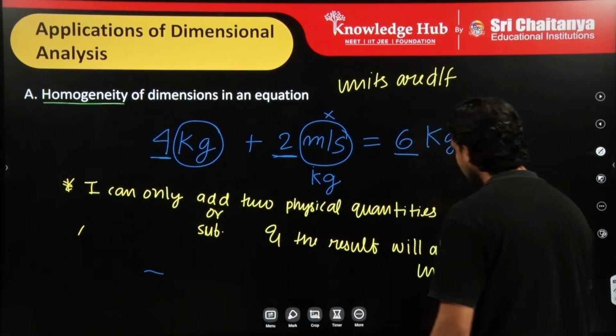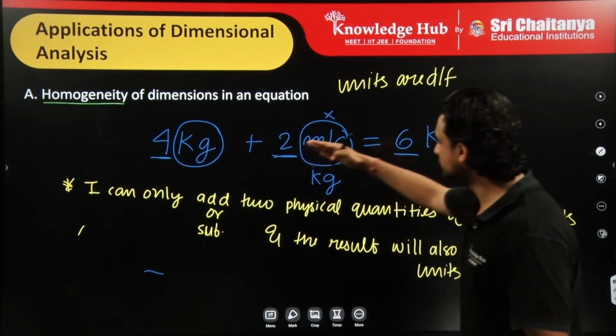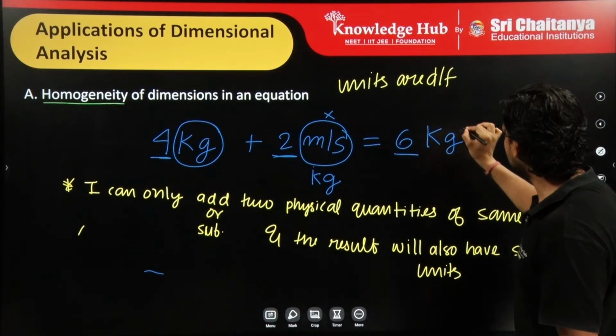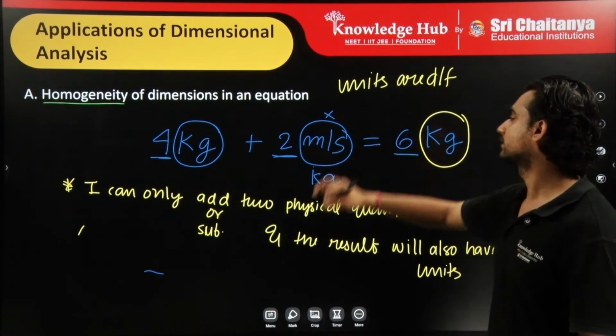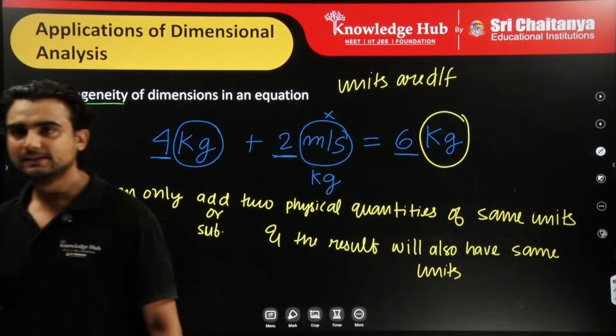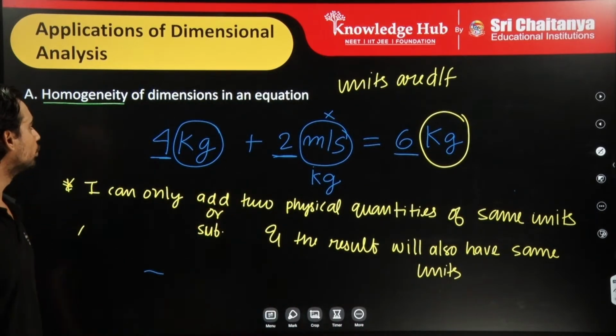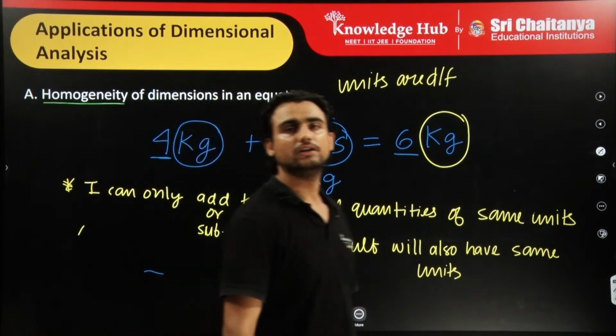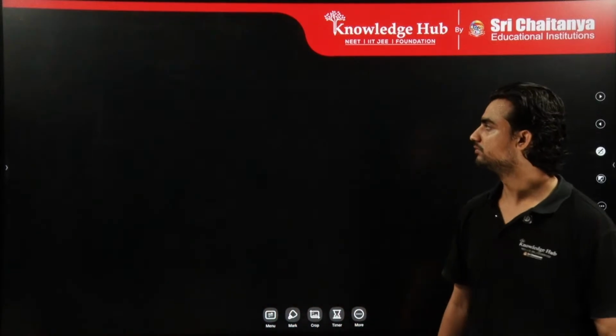So what is this last statement? That if I add 4 kg plus 2 kg, I will get 6 kg. The result will also have the same unit. Yes, so this is what we mean by homogeneity of dimension in an equation.